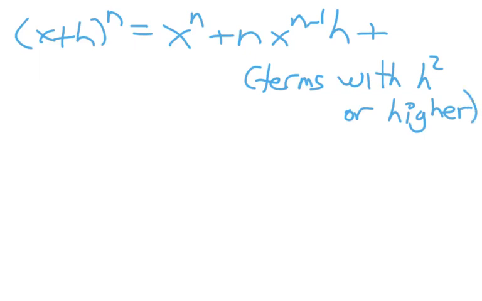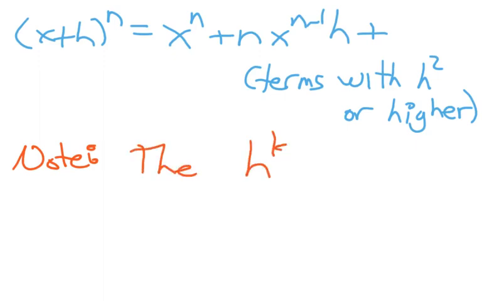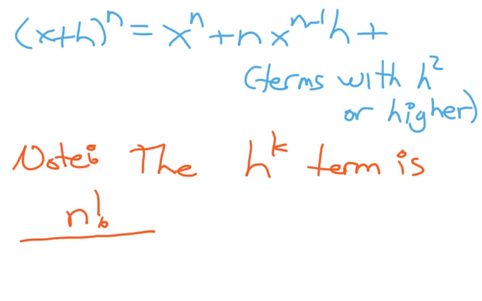Now it is possible, it's beyond what we need it for, but it is possible to explicitly write out what all these terms are going to be. That's something that can actually be computed. In fact, just as a side note, we won't need to use this, but the h to the k term would be n factorial, if you know what factorial is, all divided by k factorial times n minus k factorial.